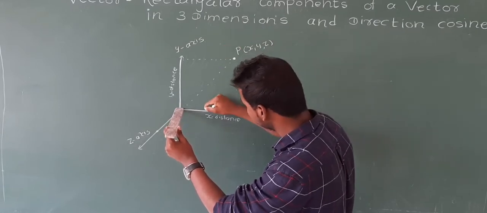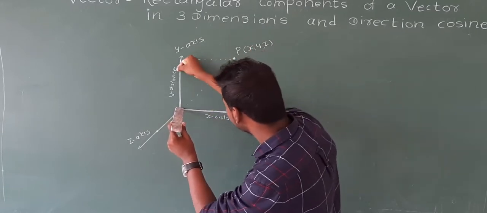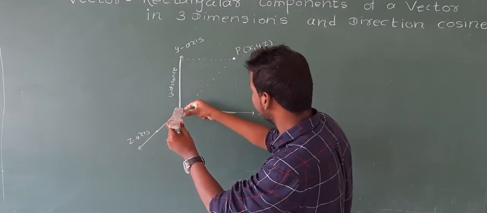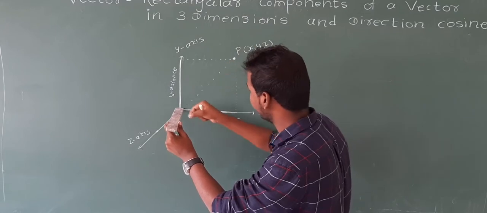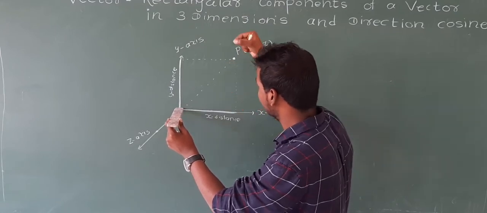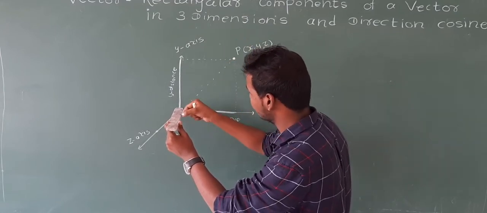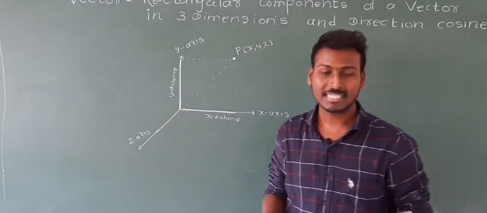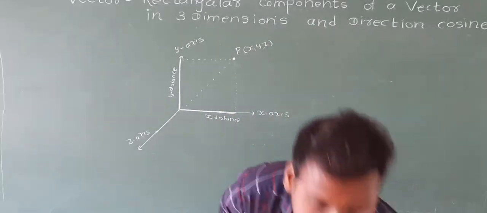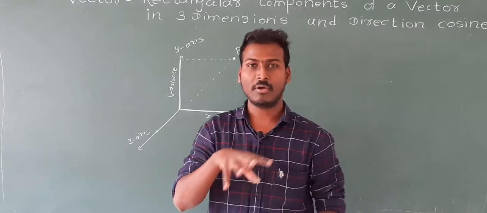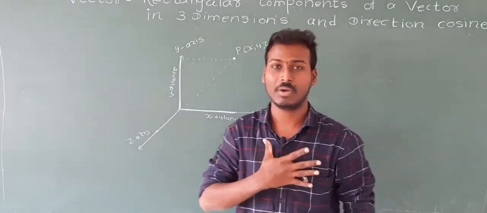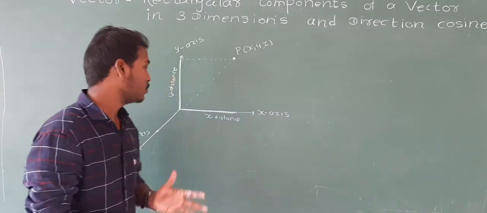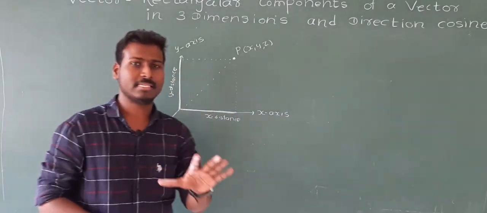So on the x axis, y axis, z axis, this much distance, here is point P. It is three dimensional, that's why we get confused, because we are drawing a three dimensional structure on a two dimensional board. So I hope you got the point. The angle between all three axes is 90 degrees.